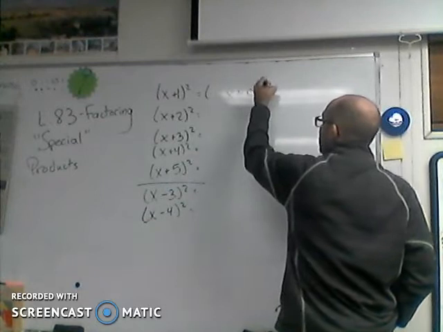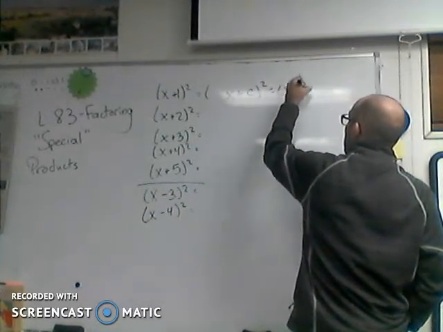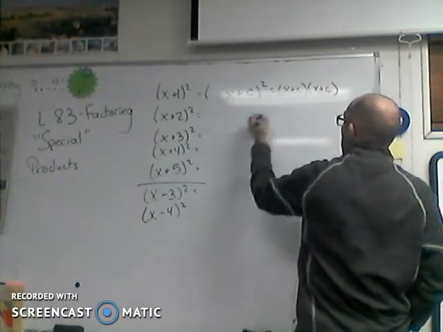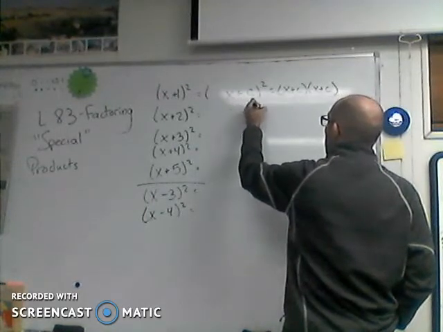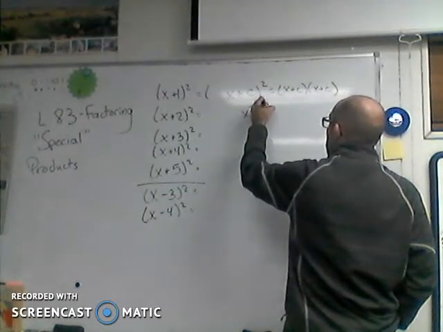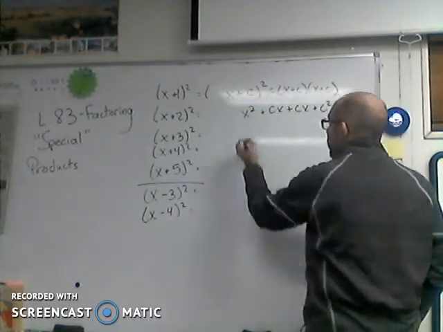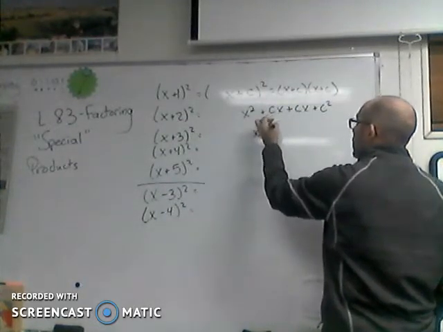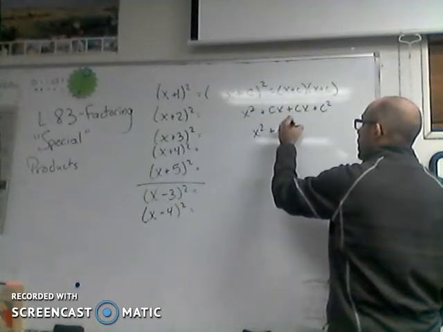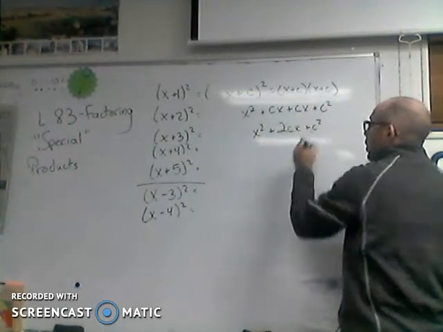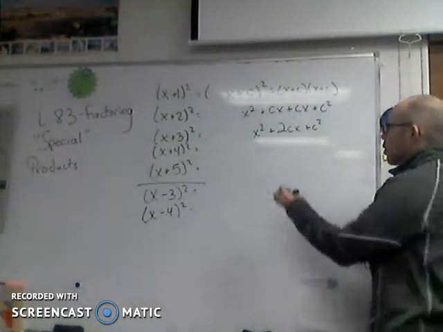How about that? Equals x plus c times x plus c. And then we finally get x squared plus cx plus cx plus c squared, or x squared plus 2 of these things plus c squared. So here we go.